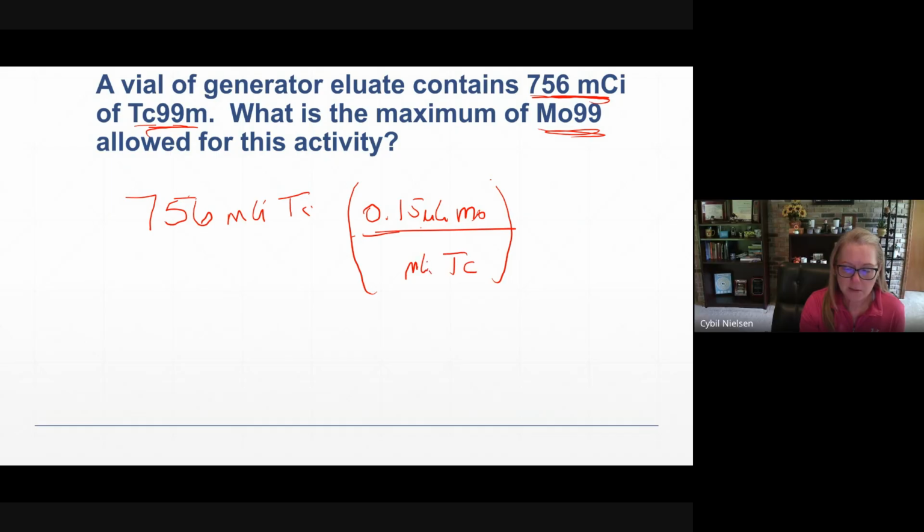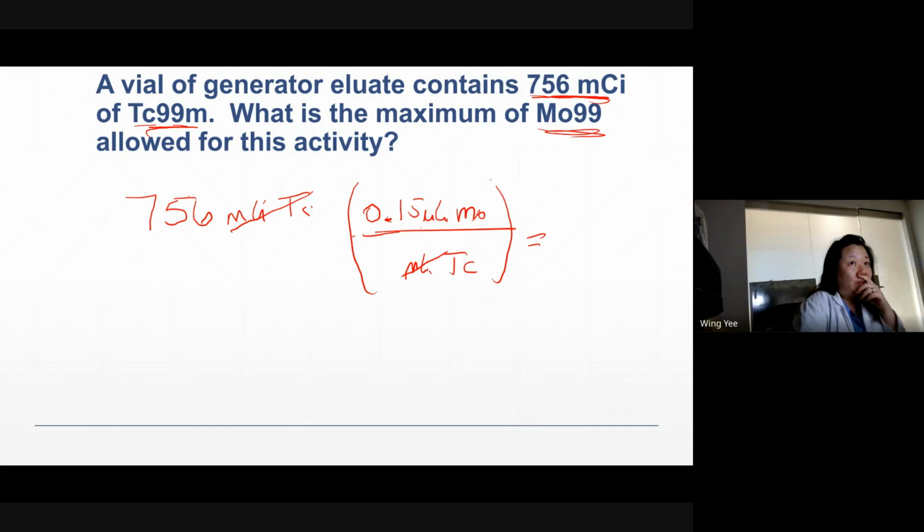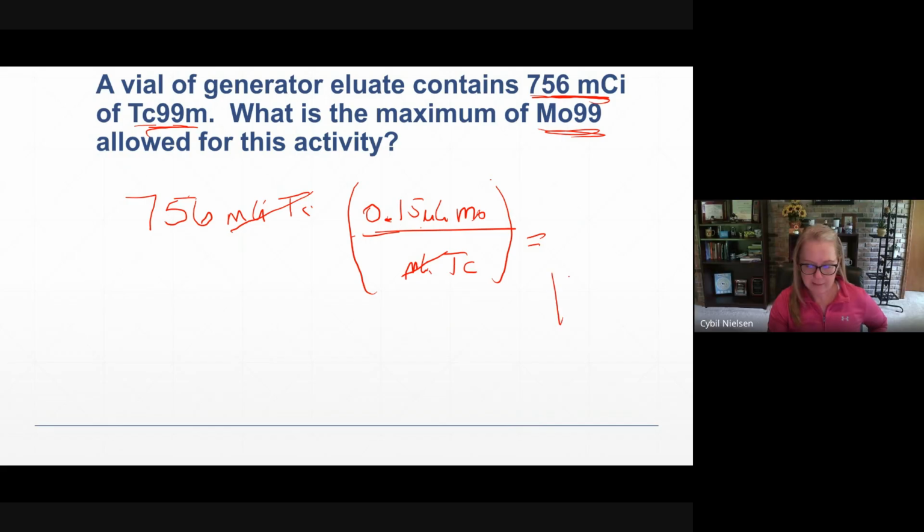I like to set it up as a conversion, but I think you're setting it up the same because I can have 0.15 microcuries of moly per millicurie of tech. All right. 113.4. Excellent. Yes.